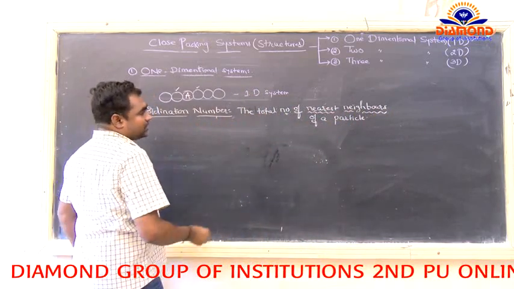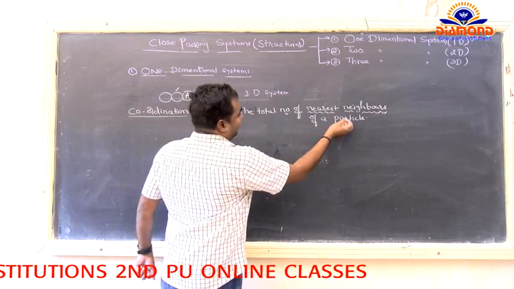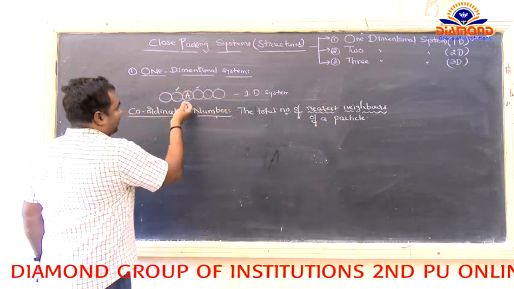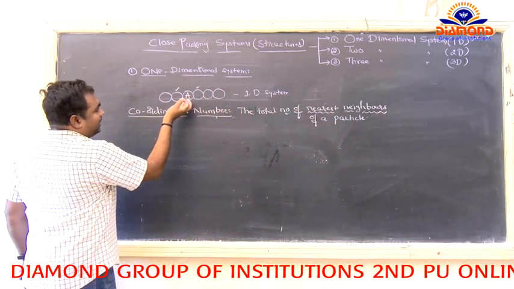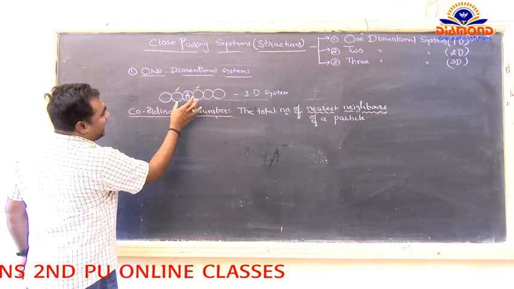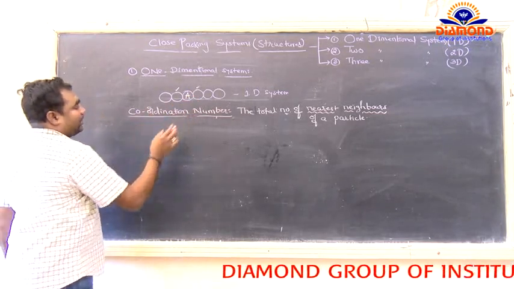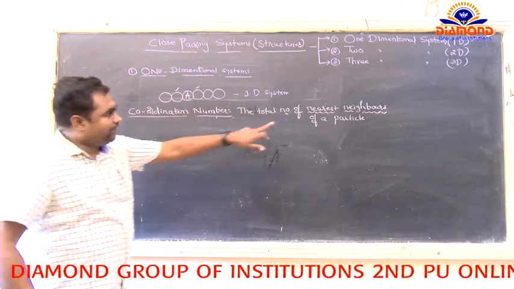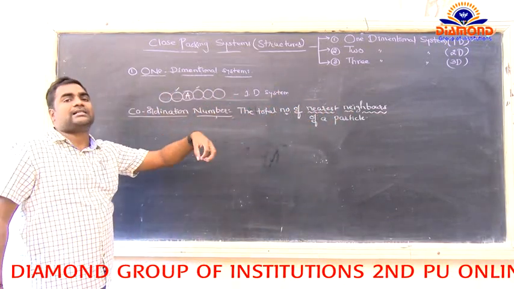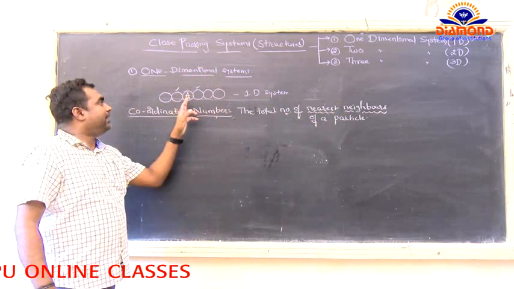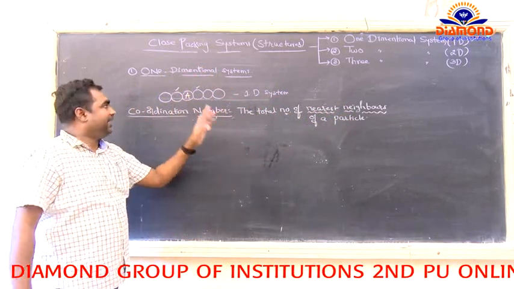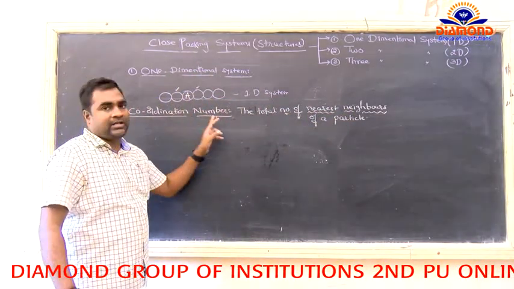So what do we mean? If you consider any one particle, any one atom, molecule, or ion, then for that atom, ion or molecule, the closest atoms, the nearest neighbors, give the coordination number.